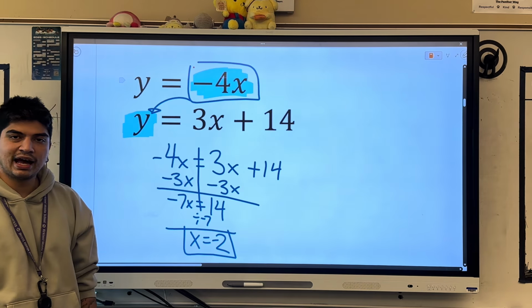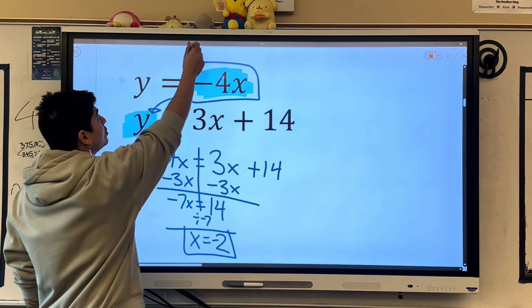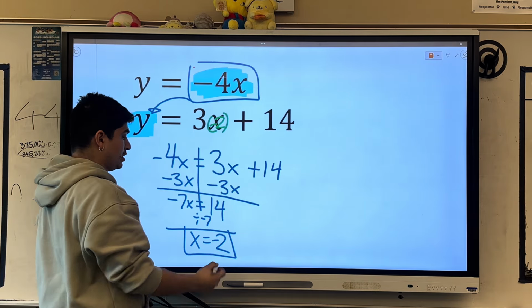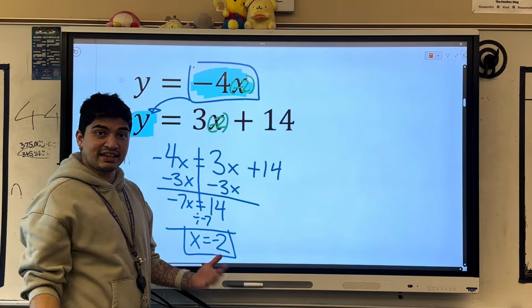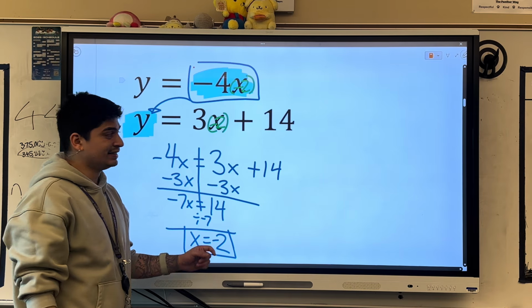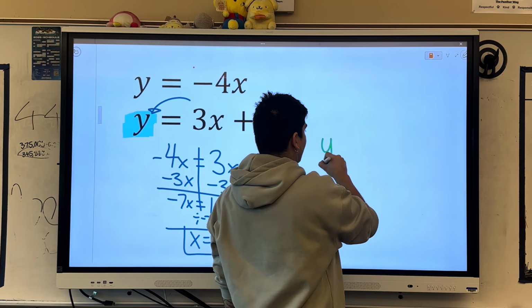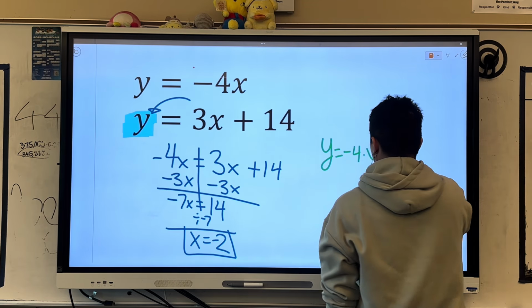So, again, I know what x is now. This right here, you could technically write negative 2 right there. You could also write it right here. You're replacing the letter x with what you know now. So let's solve it. Let's do y is equal to negative 4 times x.